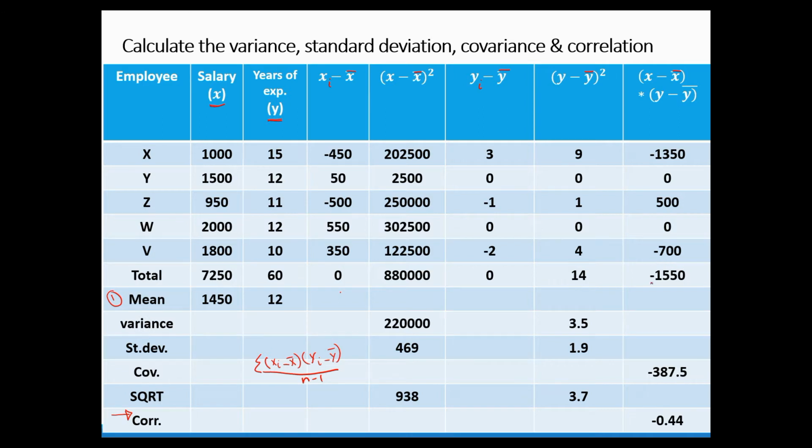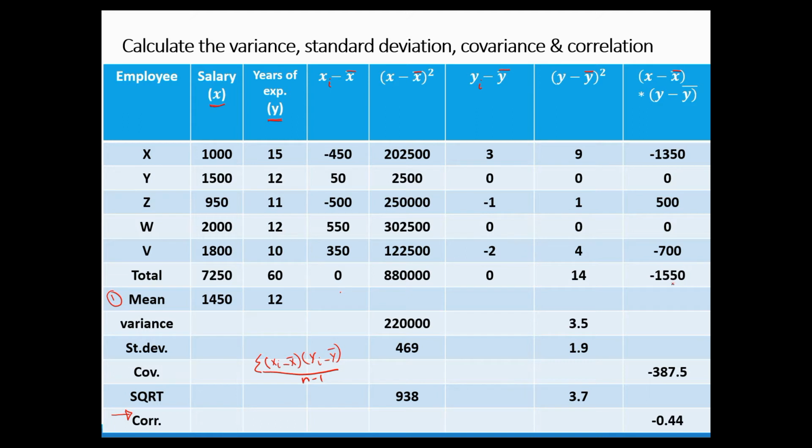We find the total of the multiplication of the two terms, which is negative 1550. Divide this total by n minus 1.